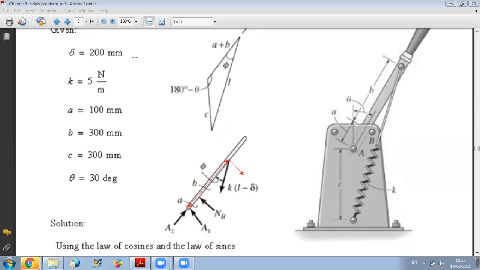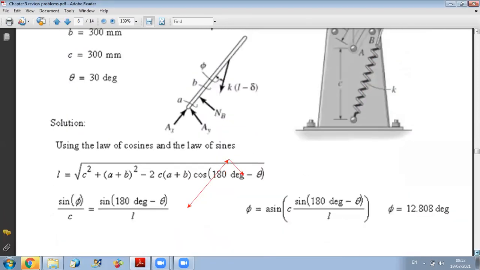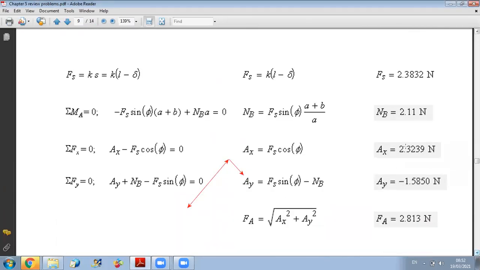Now let us see the equations together. I have the sum of moments about A, which we did together. It will give us the normal reaction NB, because NB will be the only unknown in this equation.